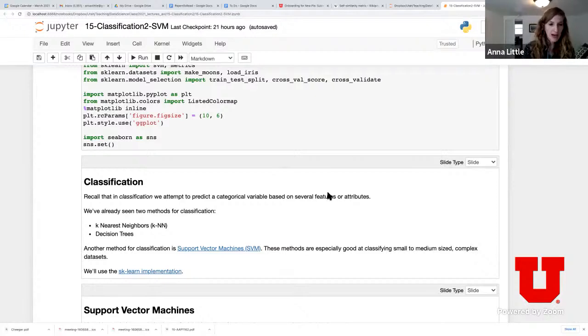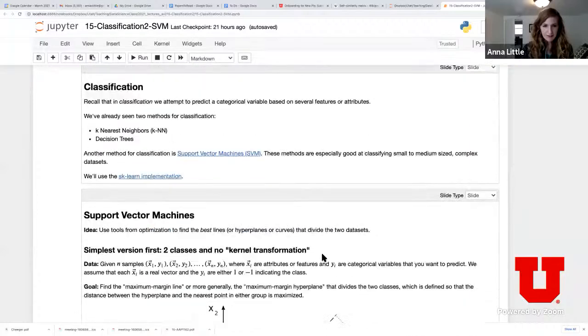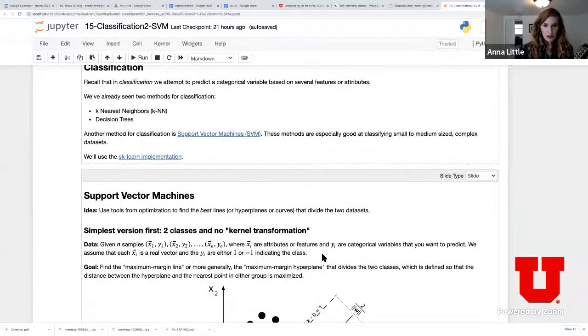We've already talked about the k-nearest neighbors classifier and decision trees, and now we're going to talk about support vector machines. These methods are especially good at classifying medium-sized complex data sets, and they're very popular. So it's a really good tool to be familiar with.